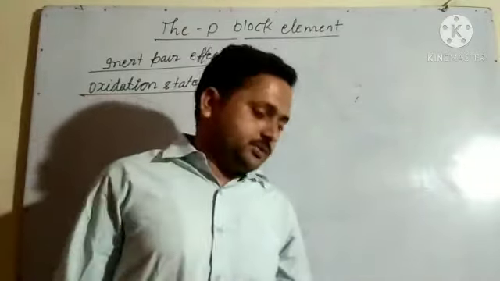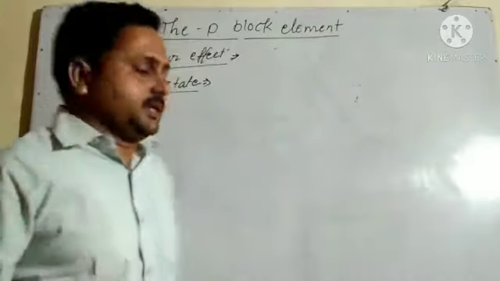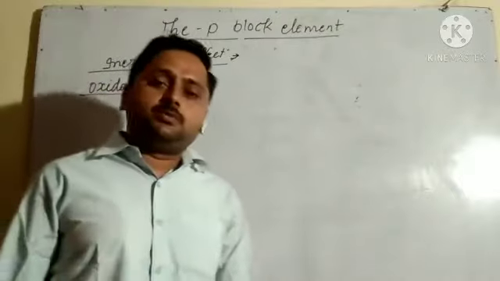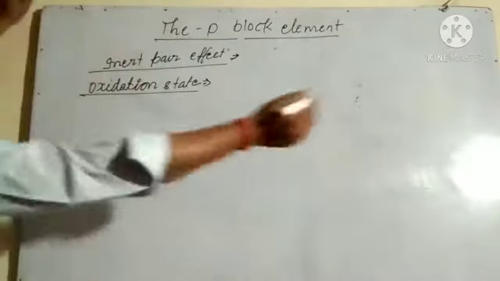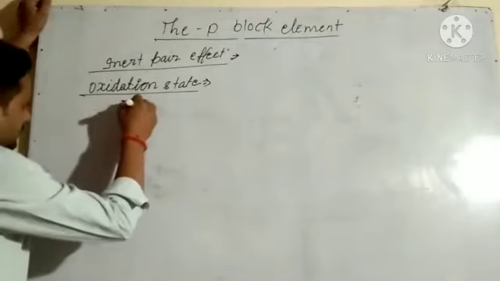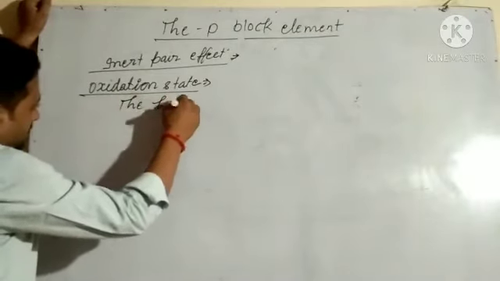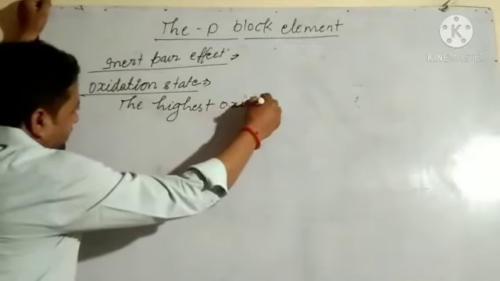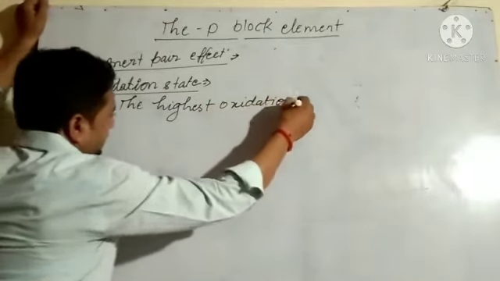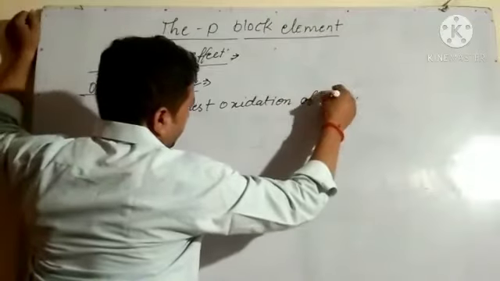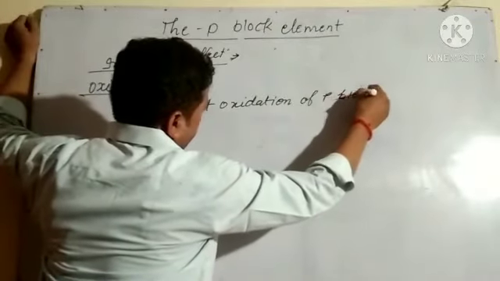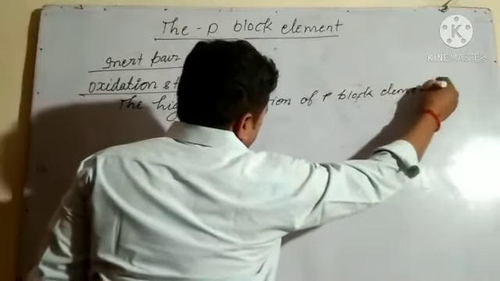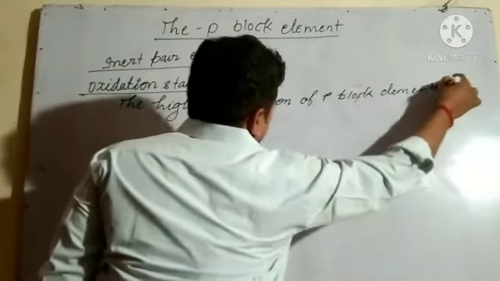P block elements show variation in oxidation state, and the highest oxidation state of these elements is equal to the group number.